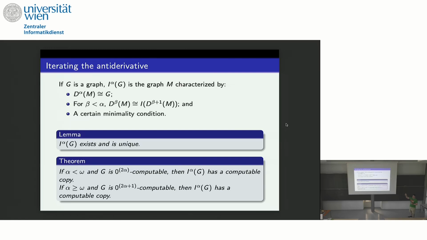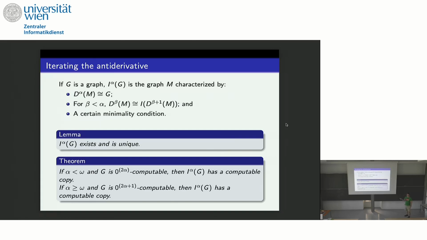There's also a minimality condition, which is not hard. If you're interested, we can discuss it later. But the minimality condition is necessary for uniqueness. If I just have anything that satisfies this, it will be an antiderivative, but it won't necessarily be unique. But I've said the antiderivative is the graph that satisfies this.